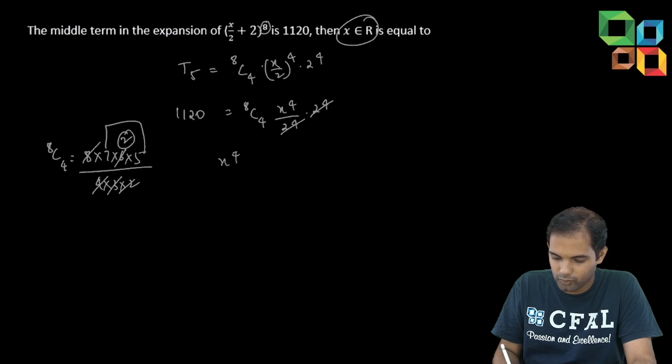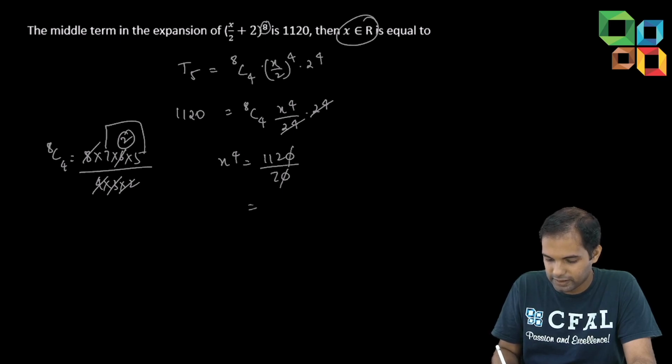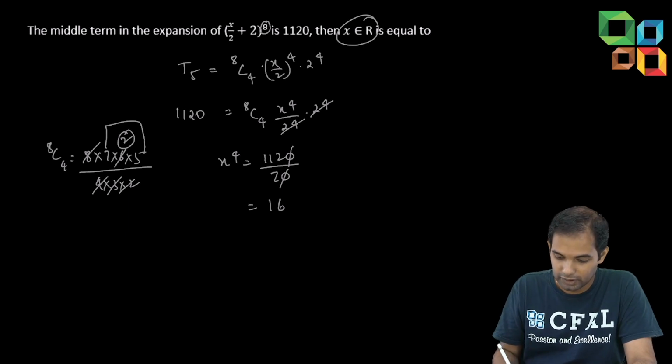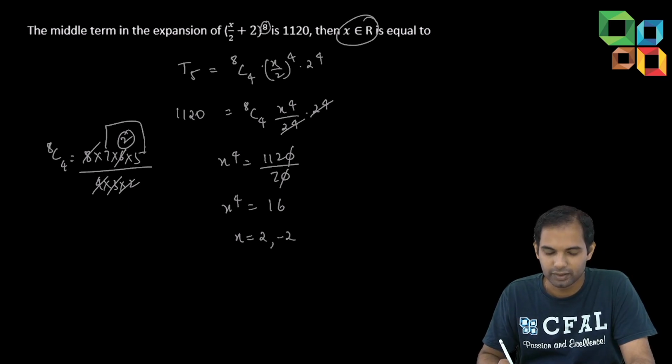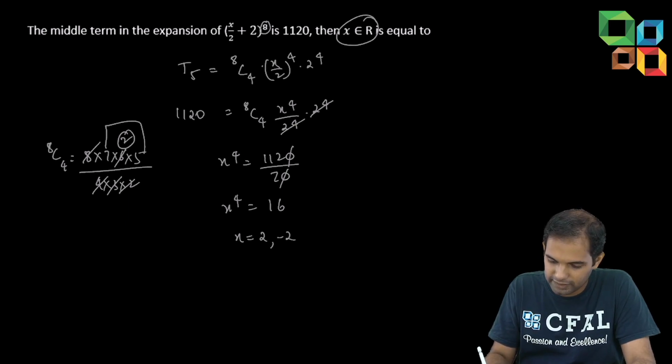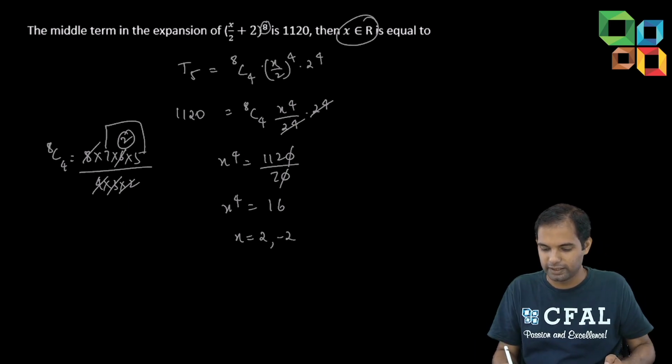So x power 4 is equal to 1120 divided by 70. So what is this? 7 sixes are 42. X power 4 is equal to 16. You can say that x can be either 2 or minus 2. Real values we are considering. There are only two values, which is 2 or minus 2. It's not given as a positive number, so we can take two solutions.